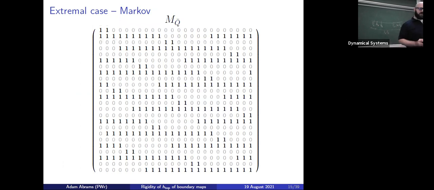So these transition matrices are the same on the even numbered rows, different on the odd numbered rows.